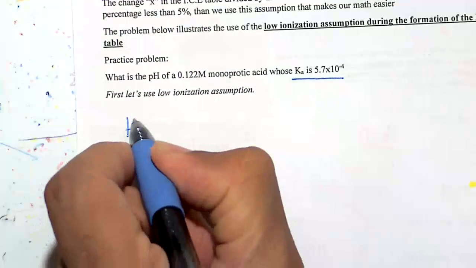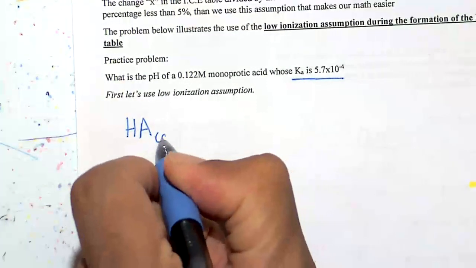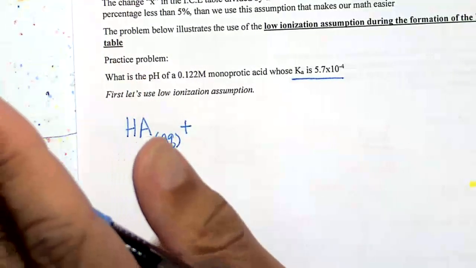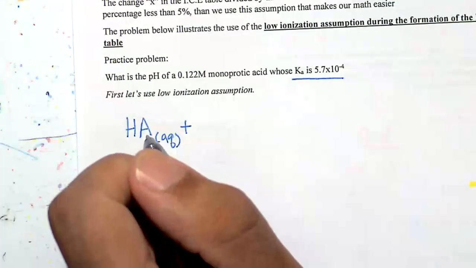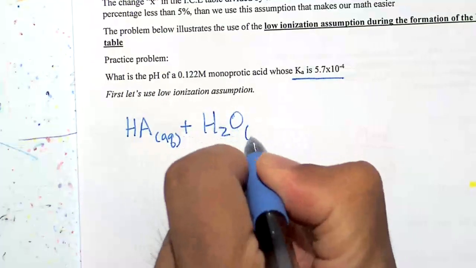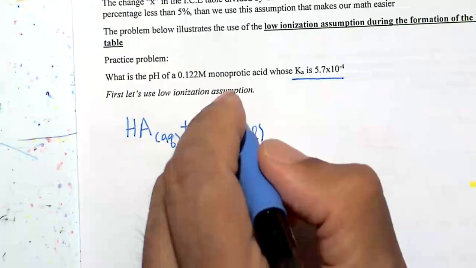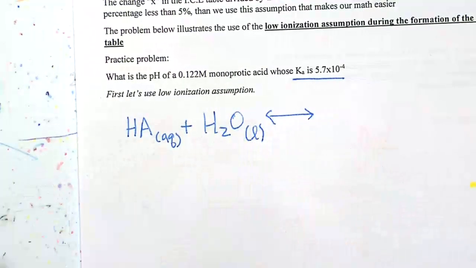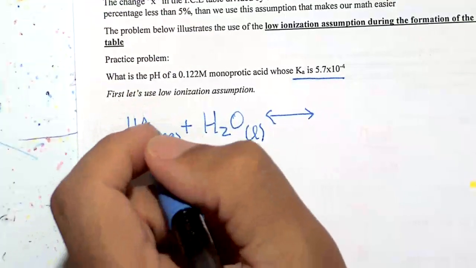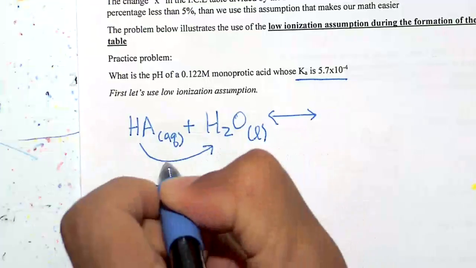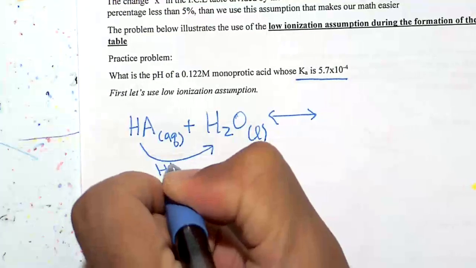So the first thing we want to do is write the equation. Whether it's any acid, this is just HA, the A stands for acid. The first thing you want to do is write your equation. So this is what I want you to do on the exam. So what do acids do? Acids donate protons.